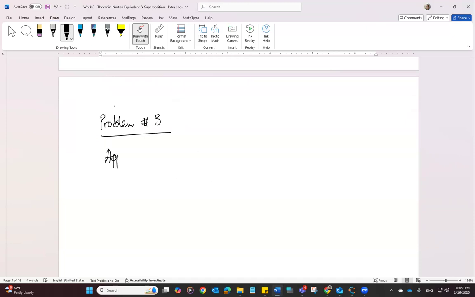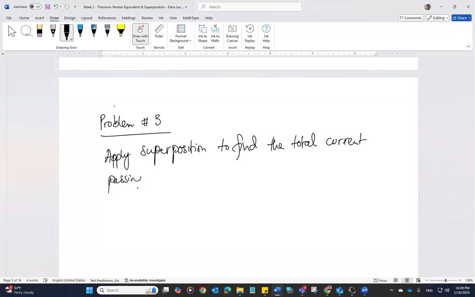Apply superposition to find the total current passing through resistor 1.